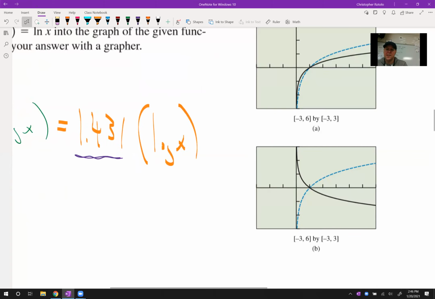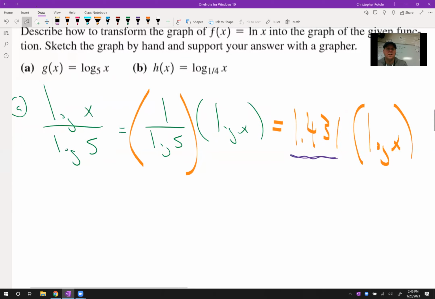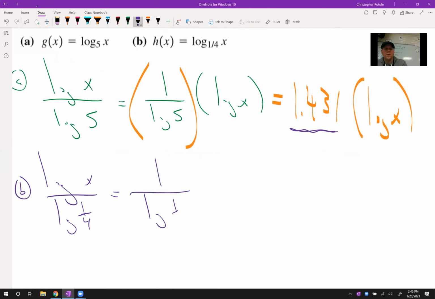So you can tell with the next one, there's going to be lots of weird stuff going on. So let's take a look at it and see what happens. So first thing is log of x over log of 1/4. And that's going to be 1 over log of 1/4 times log of x.